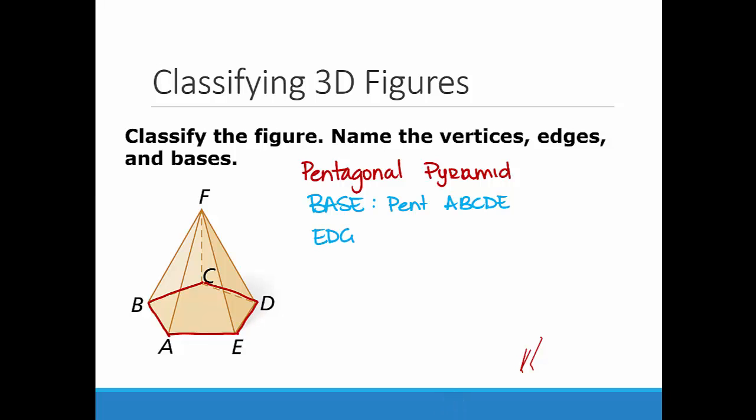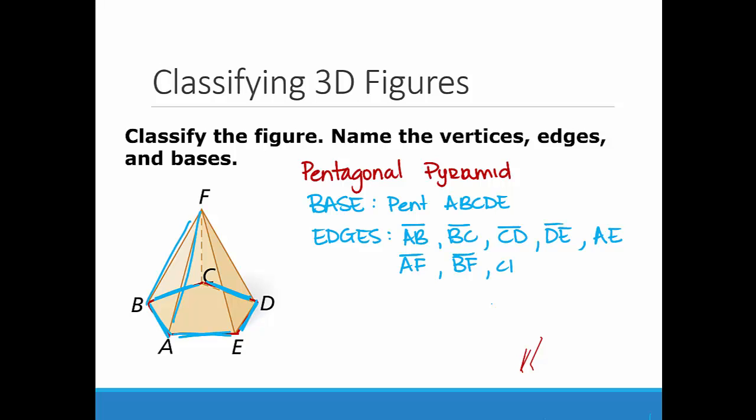The edges are where they meet. So we have A to B, we have B to C, we have C to D, D to E, A to E, and then we have them going up to F. So A to F, B, F, C, F is hidden in the back, D, F, and then finally F, E. And then the vertices.